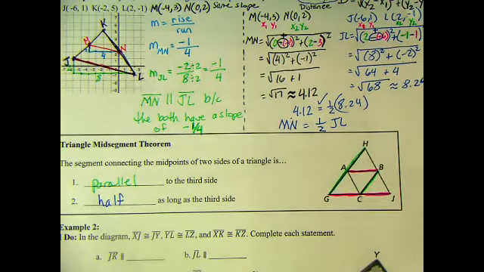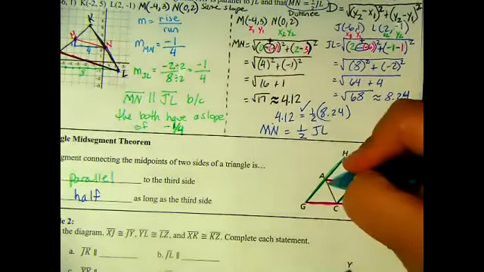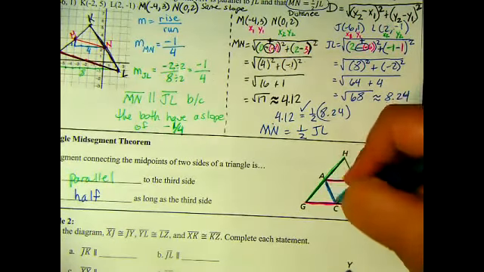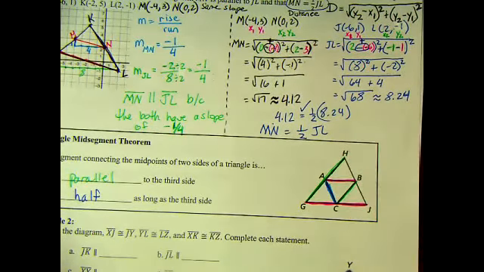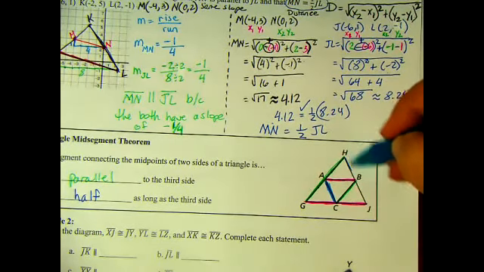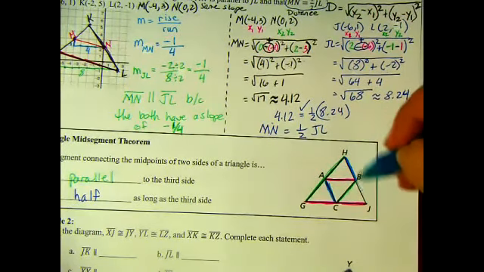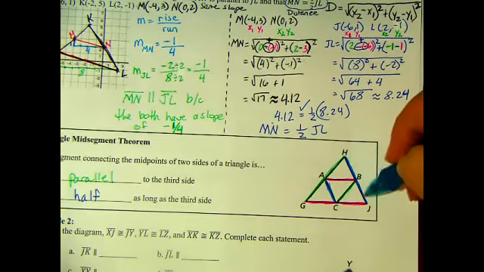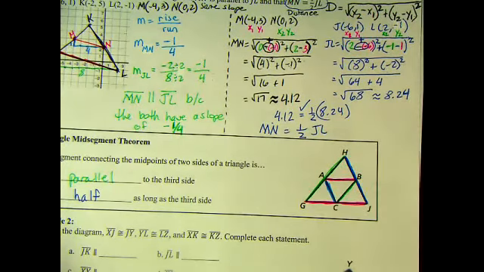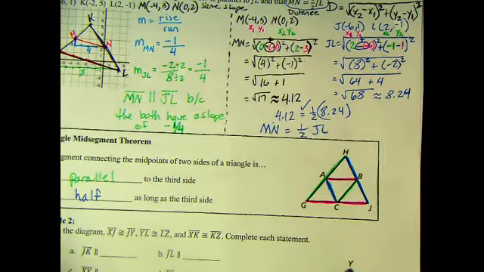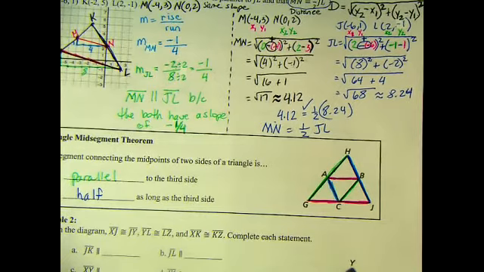And lastly, midsegment AC is parallel to and half of the distance of HJ. Which also means something beautiful.